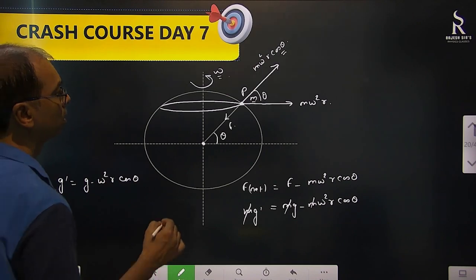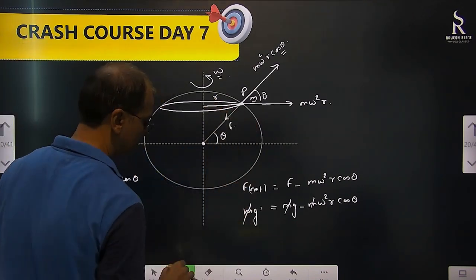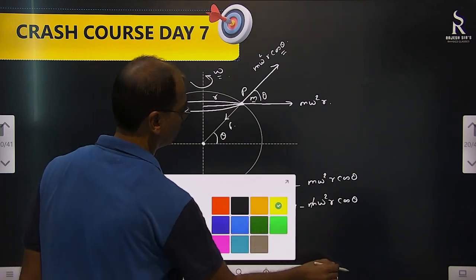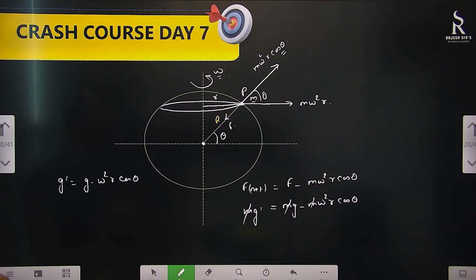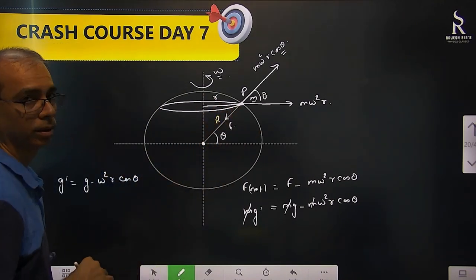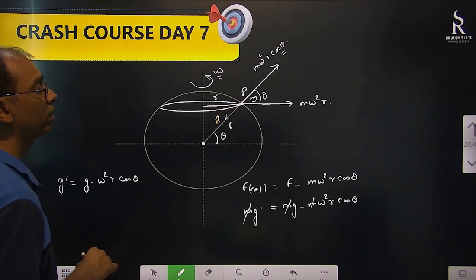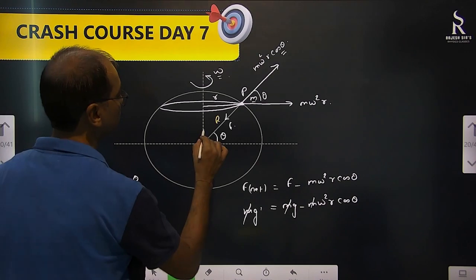Now r is what? r is this radius, and capital R is the radius of earth. This is small r and this is capital R here. Then what is the relation between small r and capital R? This is 90 minus theta.